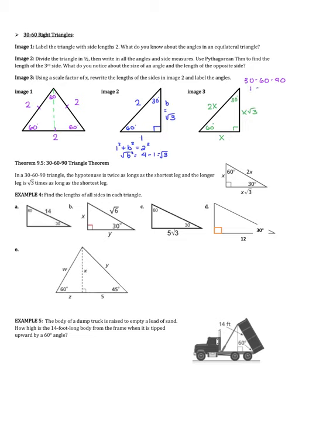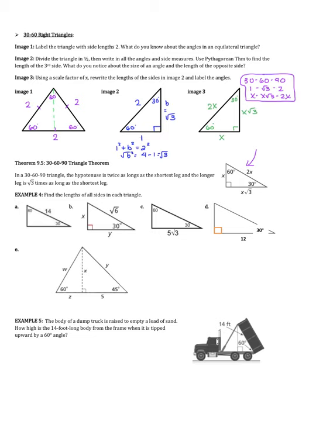So this is the 1, this is the rad 3, this is the 2, or x, x rad 3, 2x. Those are the ratios that go on the sides opposite those particular angles. The 30 is the smallest angle, so it is going to be the smallest side. And you can see that repeated here in our theorem about 30, 60, 90 right triangles.